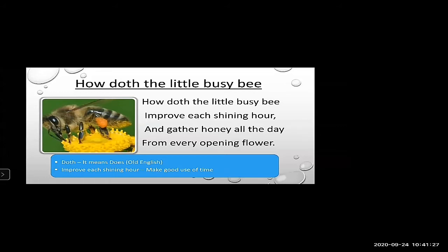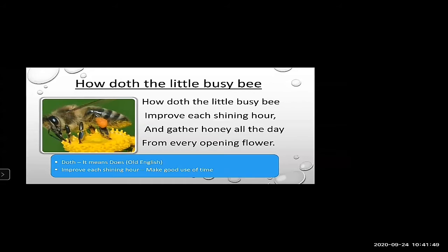In a beehive, there are worker bees and one queen bee. All the worker bees work hard to collect the honey and the queen bee is the one who is given more importance in the beehive.